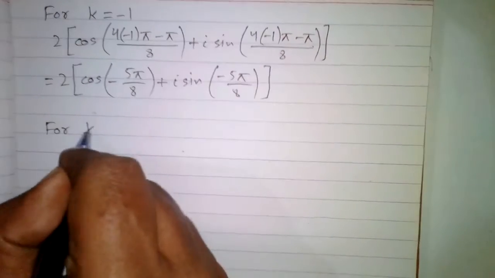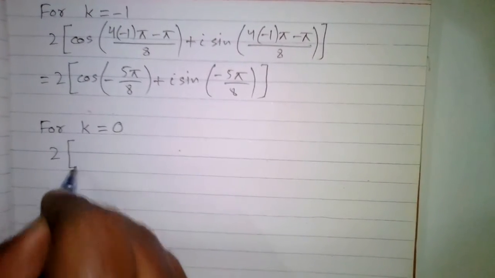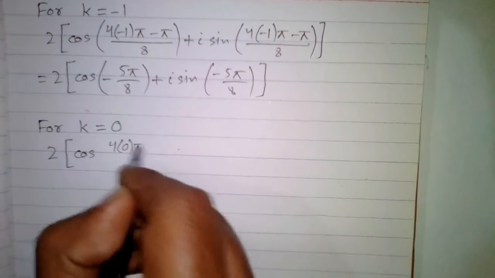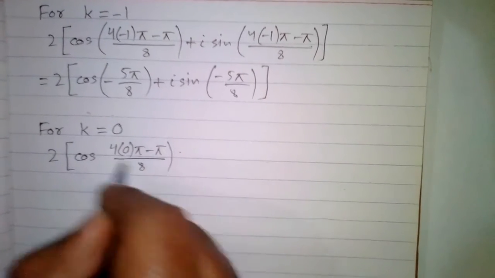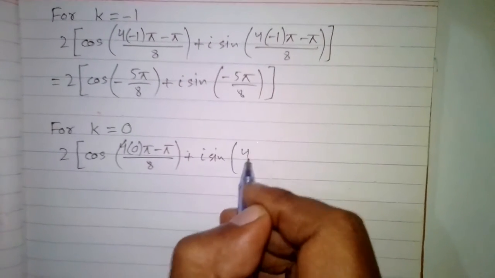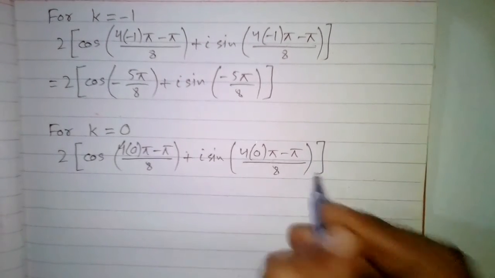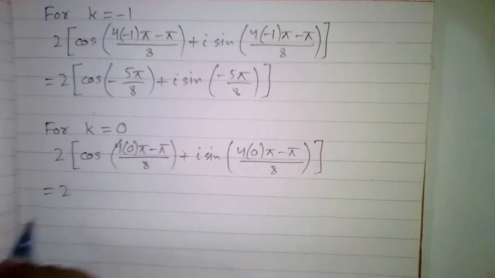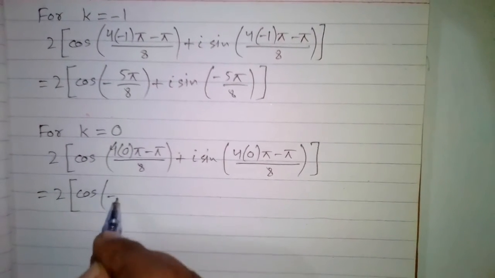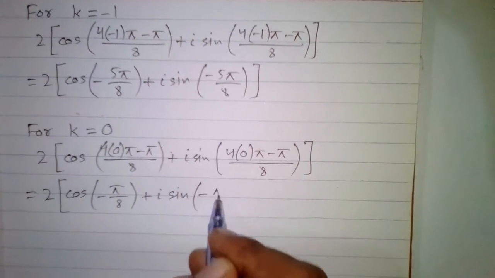Now for the second root we will put k is equal to 0. So we have twice of cosine of 4 times 0 times pi minus pi by 8 plus iota sine of 4 times 0 times pi minus pi by 8. So this will be equal to 2 times cosine of minus pi by 8 plus iota sine of minus pi by 8.